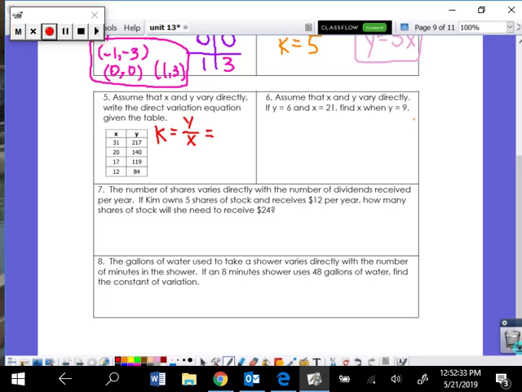So literally choose any of the points you want. There's a point. Here's a point. Choose any point and we're going to divide. I like the second point the best. I can do that all in my head easy. 140 divided by 20 is 7. So my equation is y equals 7x.